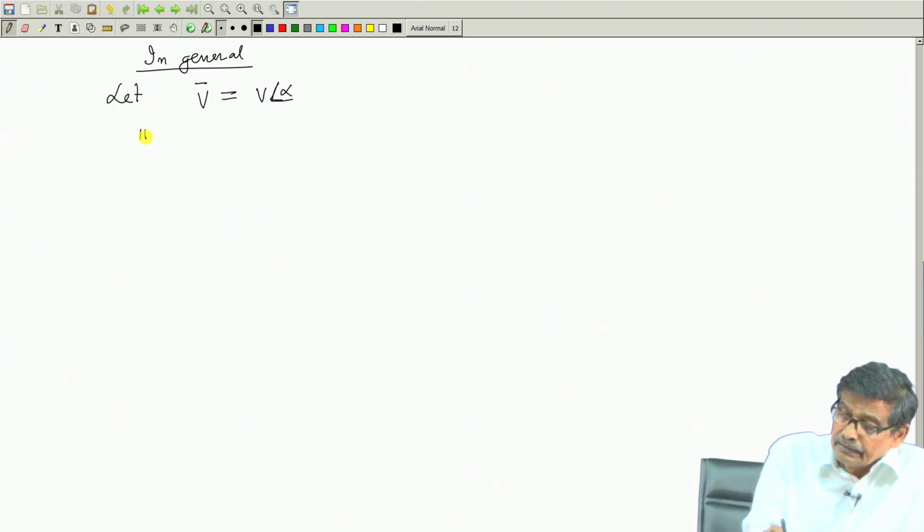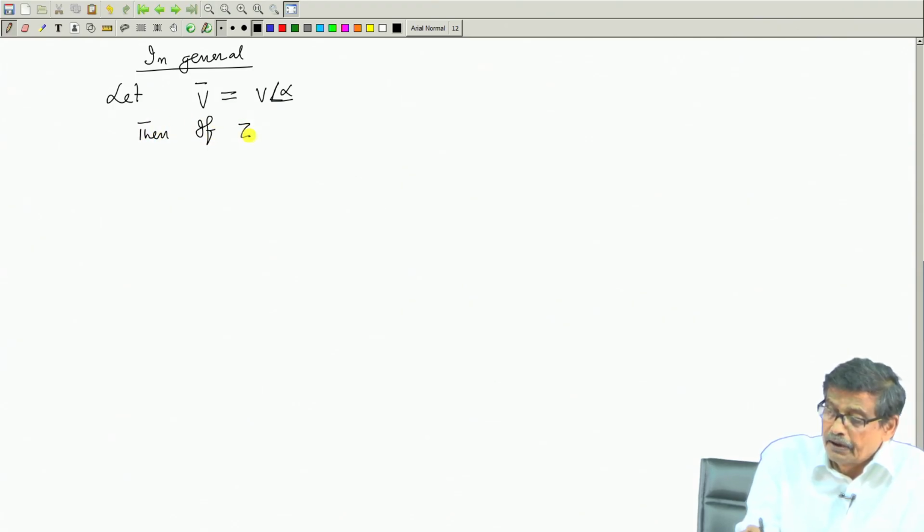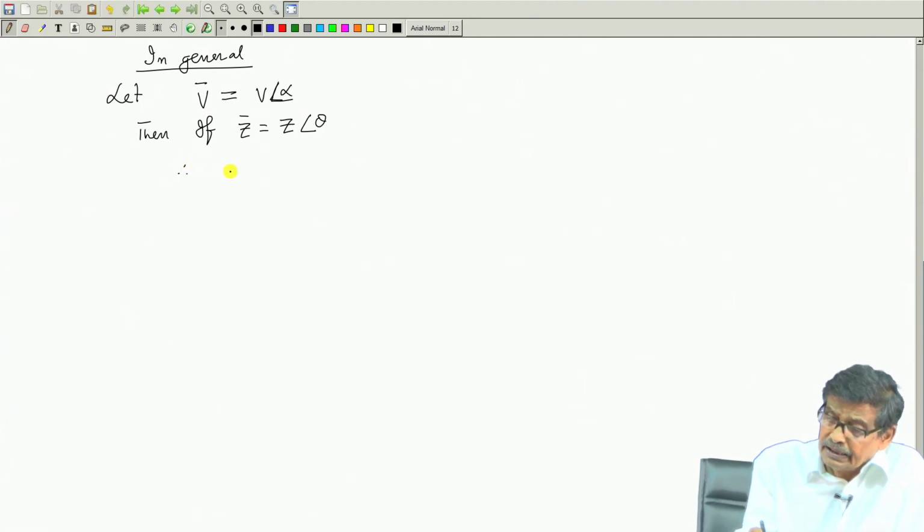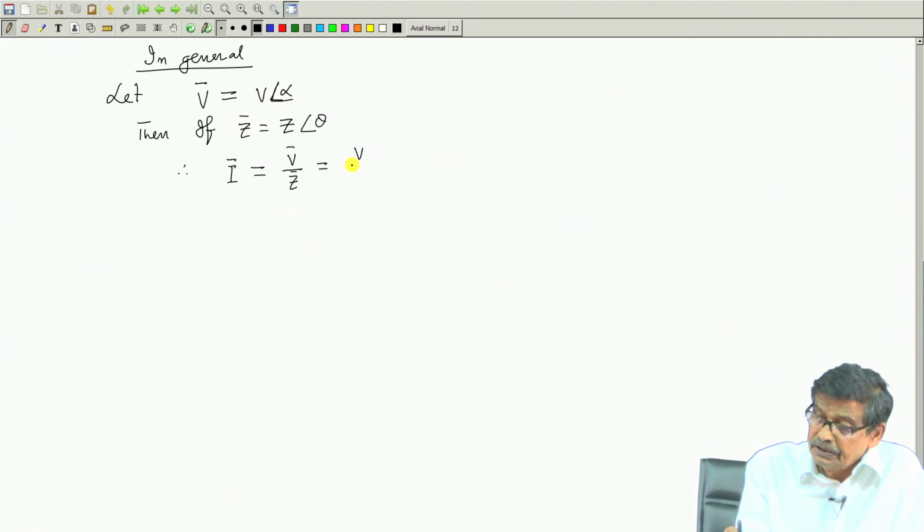So, this is the voltage phasor where alpha is the initial phase of the supply voltage with respect to the reference. Then if Z bar is equal to Z angle theta, where theta is the power factor angle, then I bar will be equal to V bar by Z bar, which is V by Z, and this angle will be alpha minus theta.